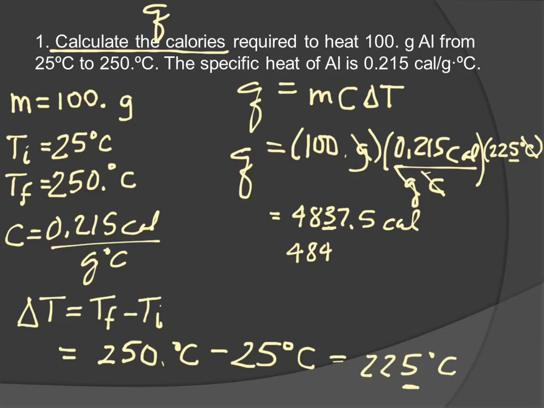So that would be 4.84 times 10 to the third calories. Because we're going to keep this place, and the one we're dropping off is a 7, that's 5 or greater, so the 3 rounds up to a 4. So that's the answer in calories.